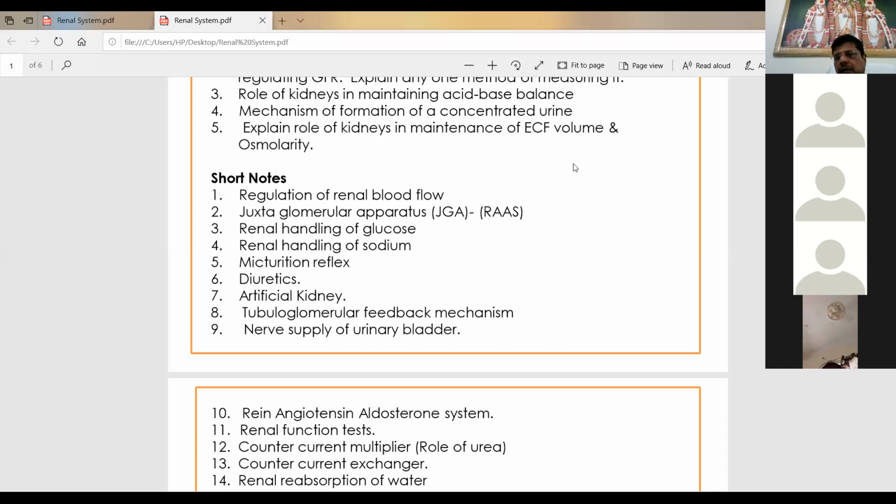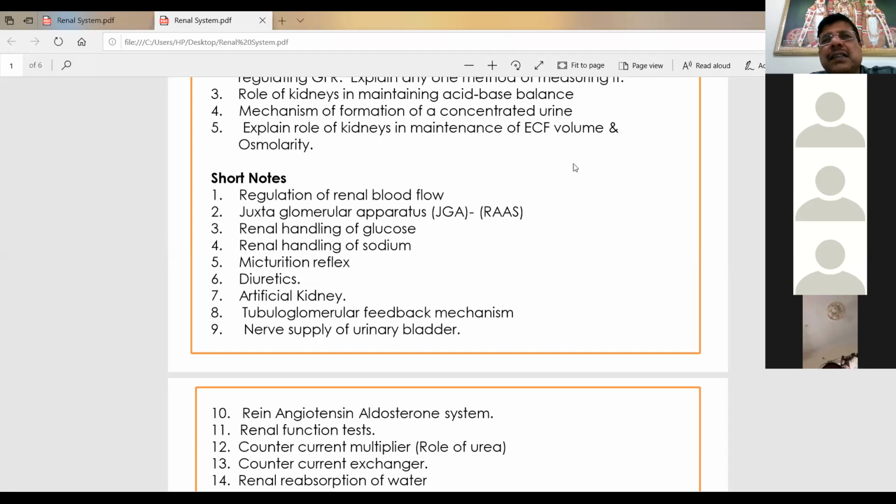Tell me, Ruhi. About the hormones ADH, angiotensin II, and aldosterone, they all have the same function of sodium reabsorption. ADH? What are the three? Aldosterone and angiotensin.